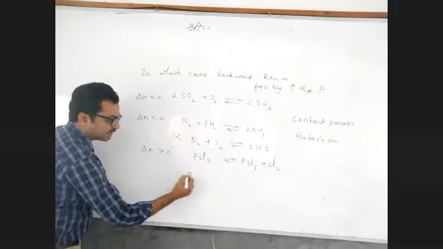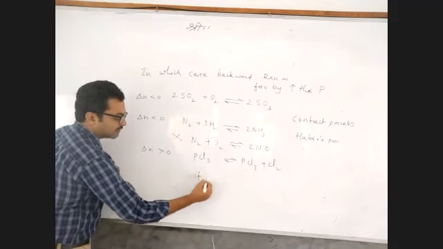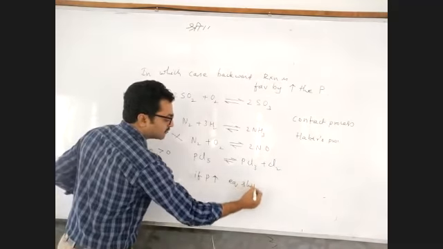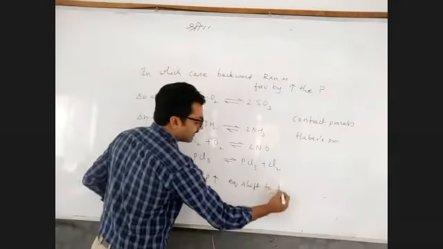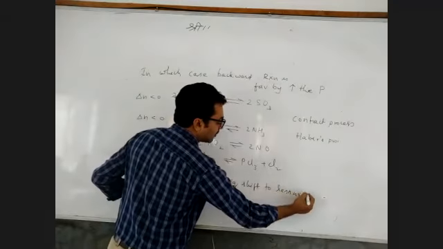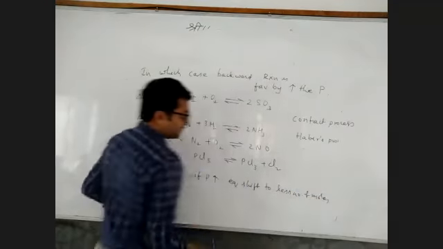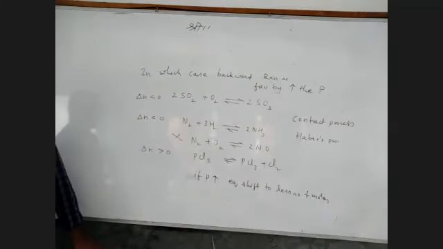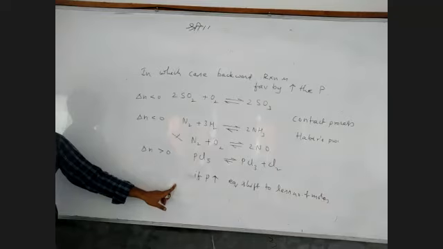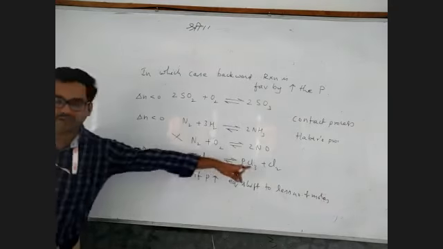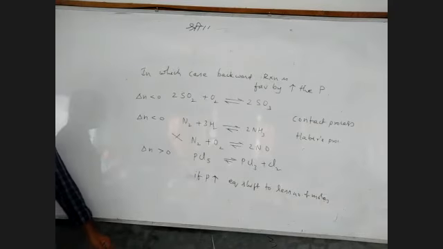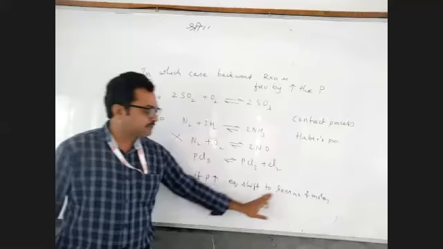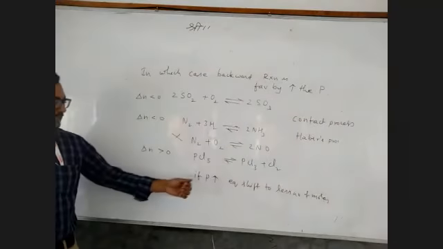If pressure is increased, then the equilibrium shifts towards which side? Less number of moles. If an inert gas is added to the equilibrium of the same reaction, which side will it move? More number of moles means forward reaction is favorable. If pressure is increased, the equilibrium shifts to fewer moles.